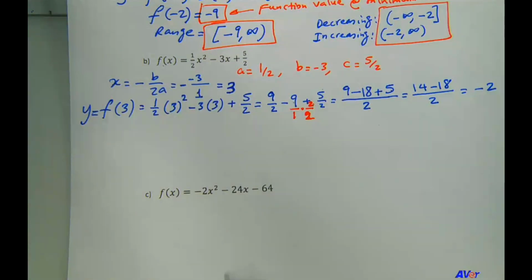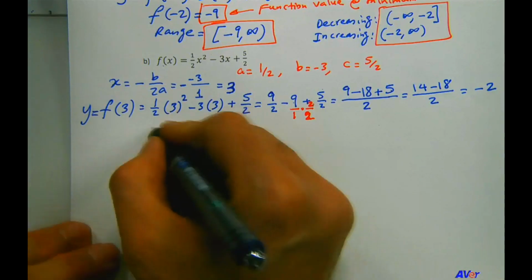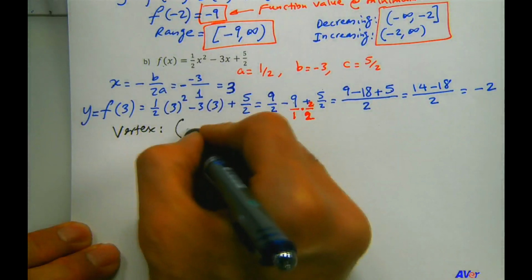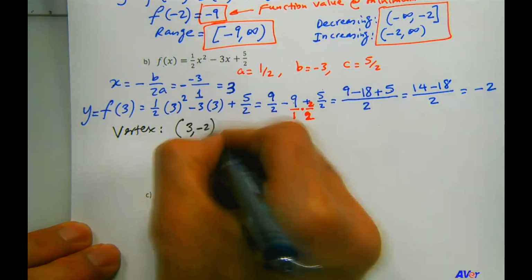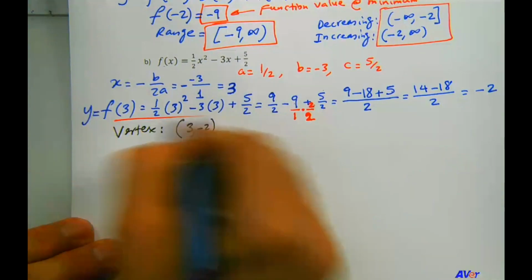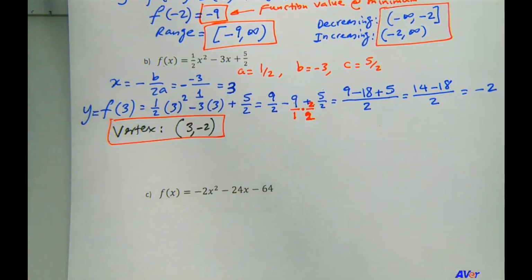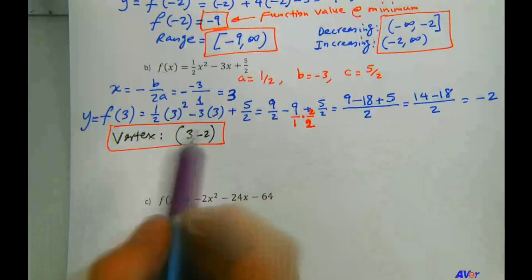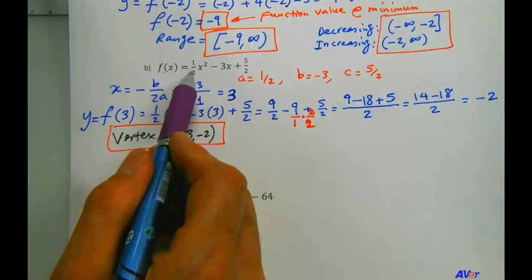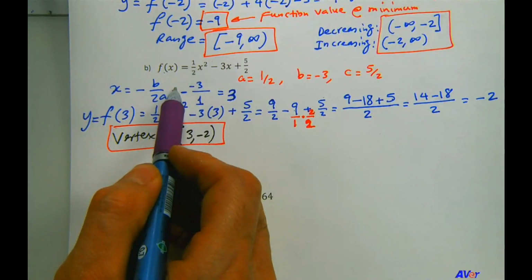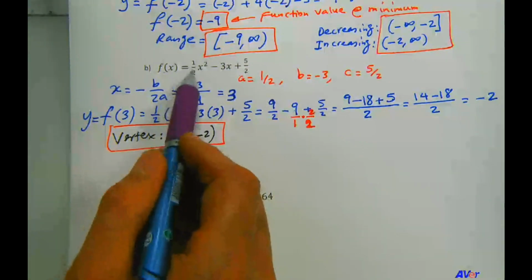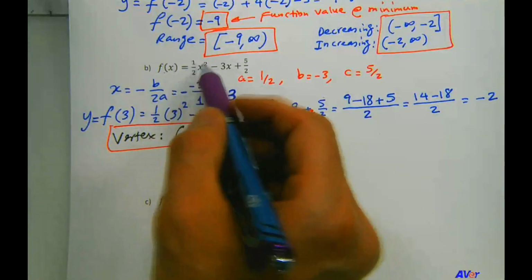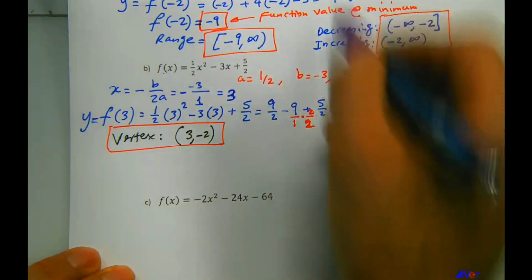Okay, so the vertex is at 3 comma negative 2. Then they ask us, is this a point of minimum or maximum? Well, we can answer that question by looking at the coefficient of the quadratic term. Is it positive or negative? It's positive. If it's positive, that means this curve is opening right side up, like a bowl.